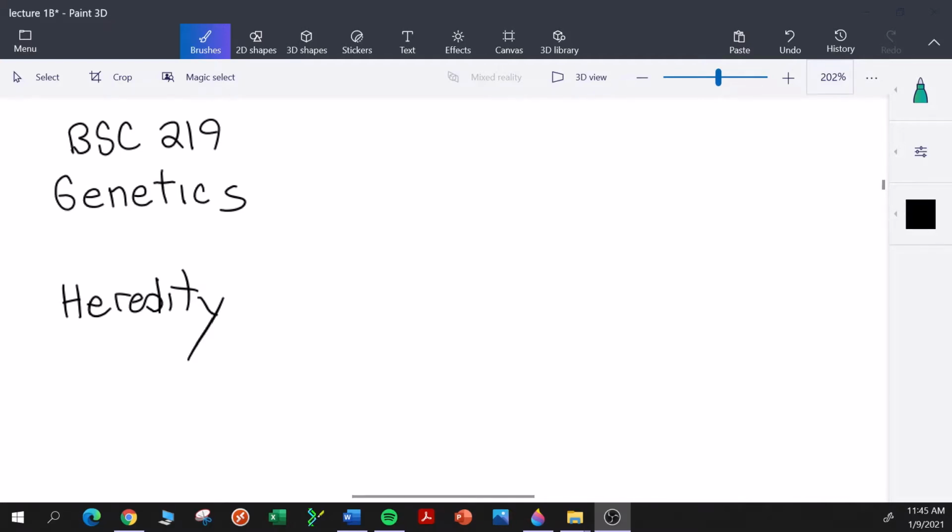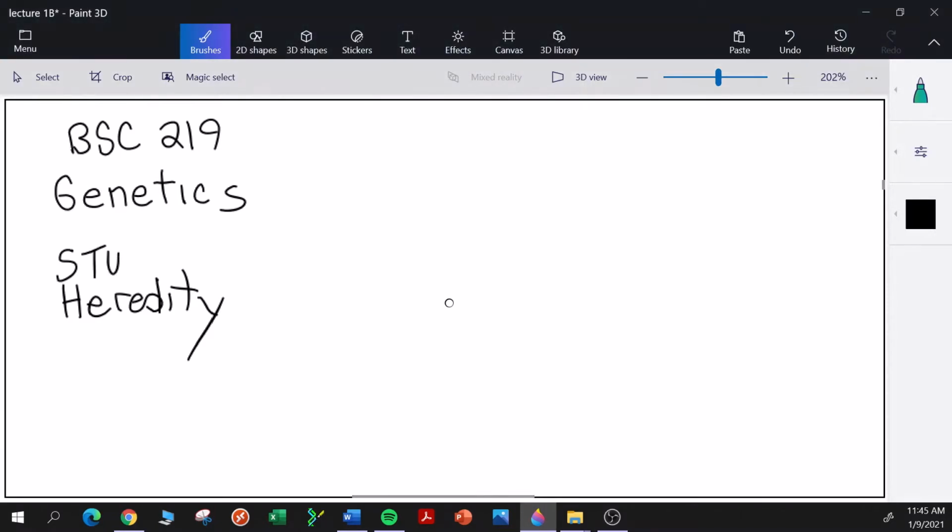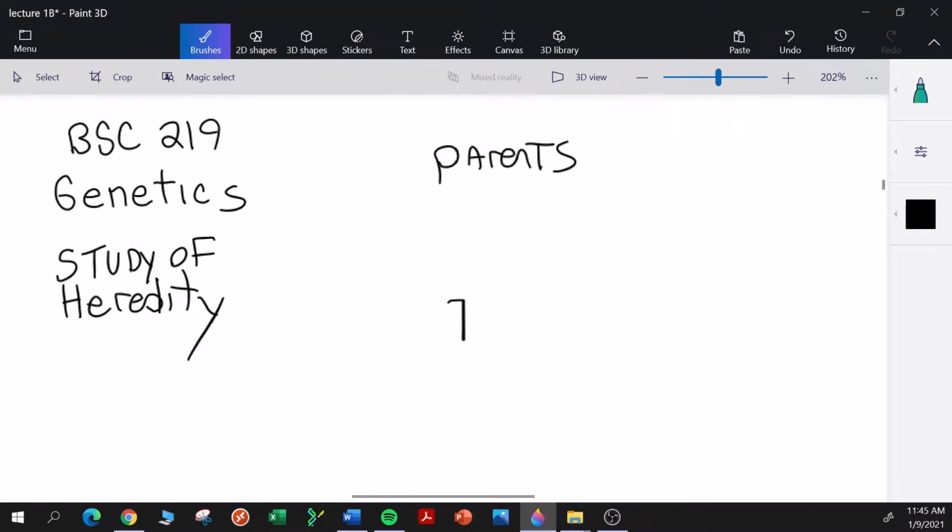Okay, what is genetics? Classically, genetics is defined as the study of heredity. And what do we mean by that? Well, essentially, what we want to know is how, when parents have or produce offspring, why do those offspring often look a lot like their parents?